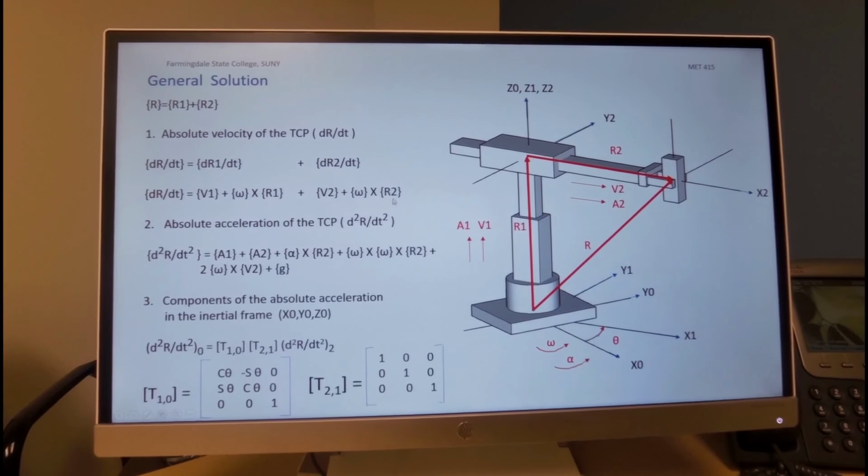And then we have the absolute velocity of the tool center point in coordinate system 2, which is its relative velocity, which we defined as v2, plus omega cross the vector itself.